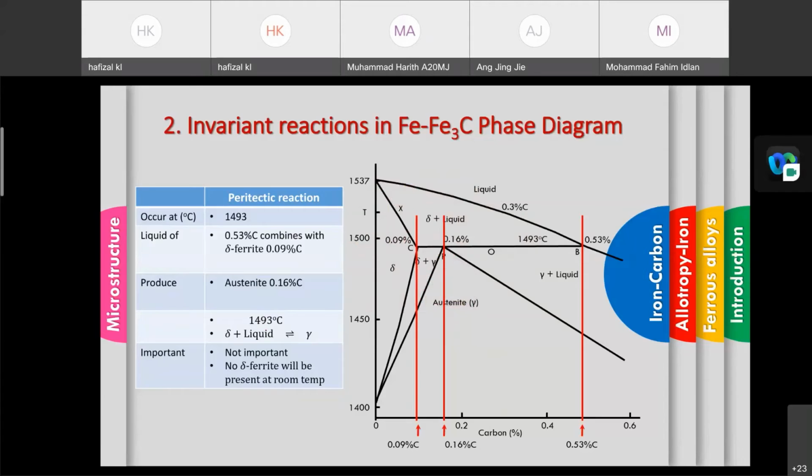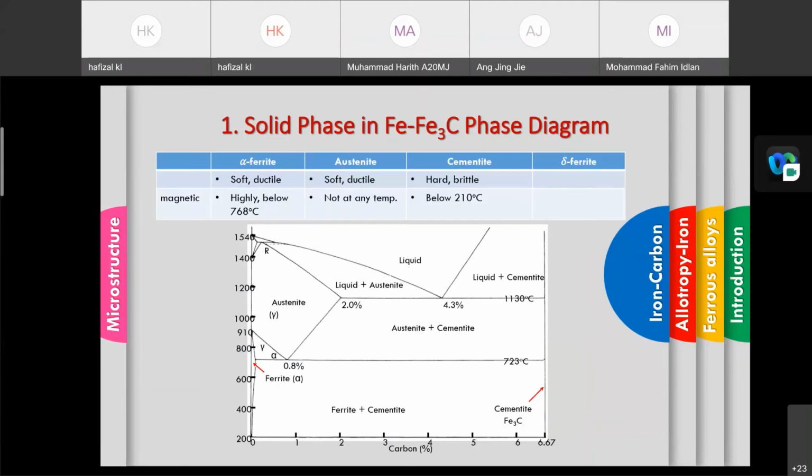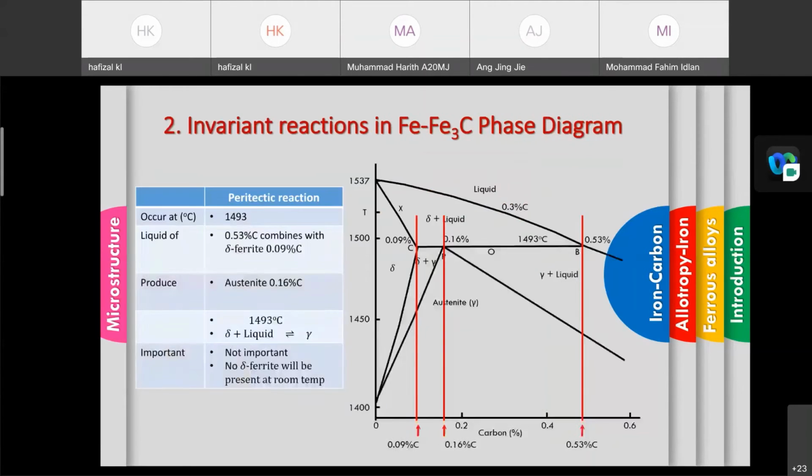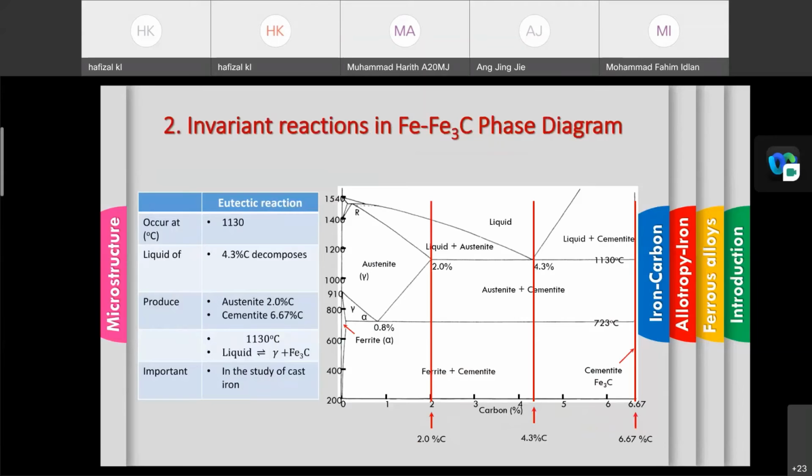Next, we will discuss this line at the temperature of 1130, where we will see three points involved. The first point is at this point, the second point is this eutectic area, and also this line.